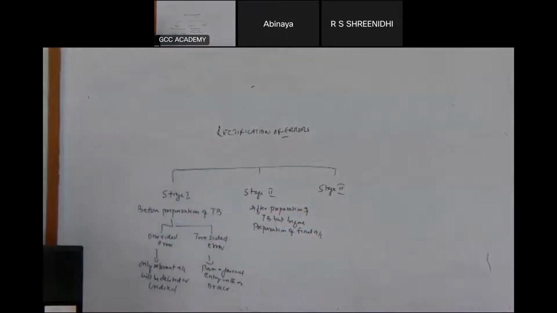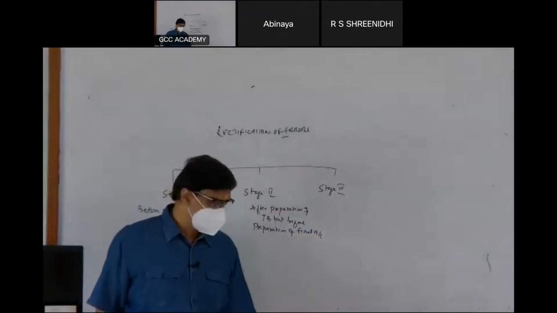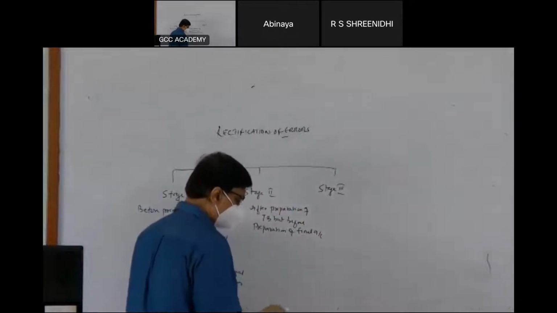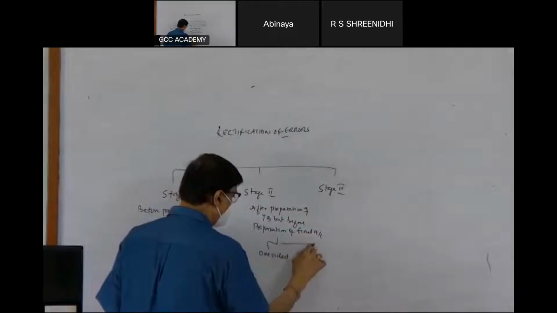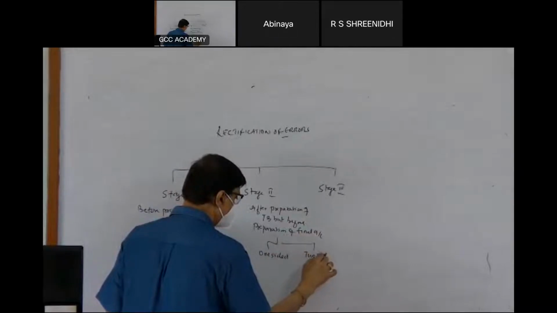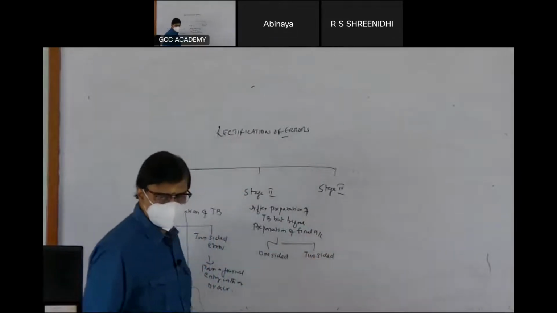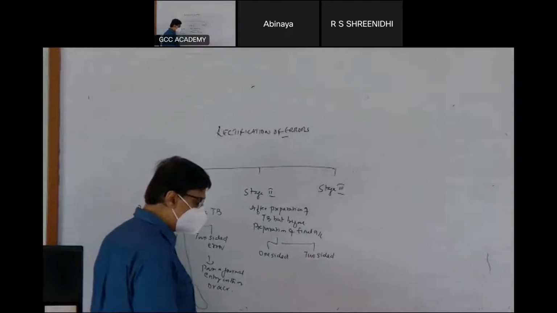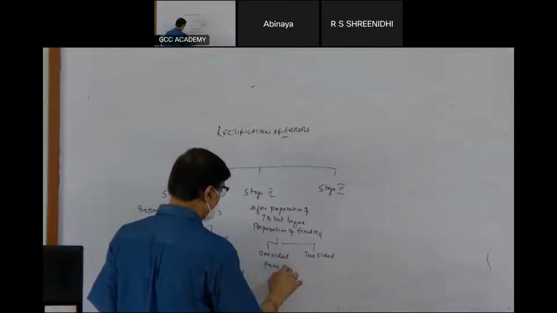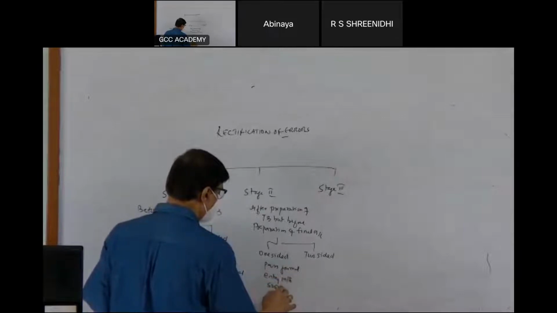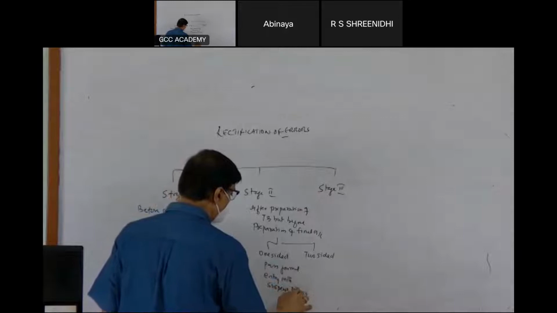The error can be one-sided or two-sided. If it's a one-sided error, pass a journal entry with suspense account, with suspense debit or credit. Okay. What does it mean?